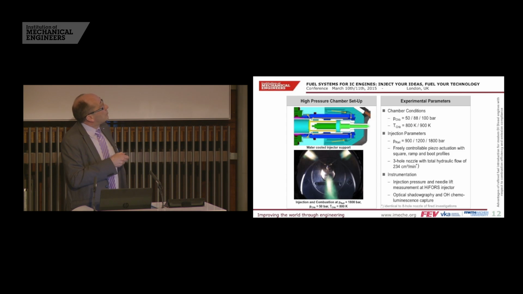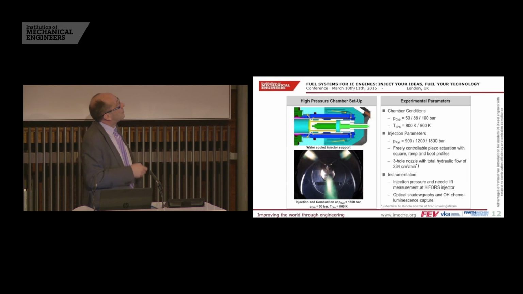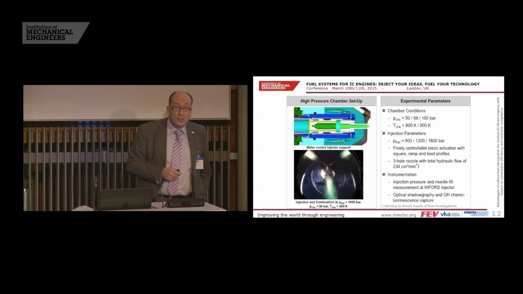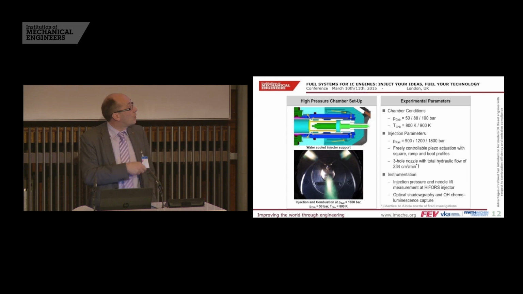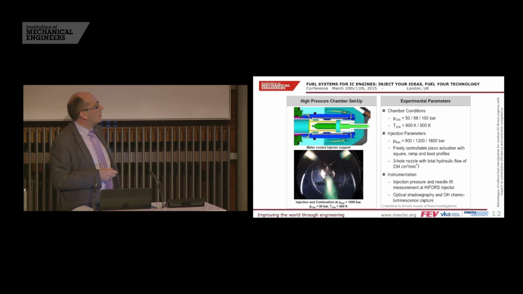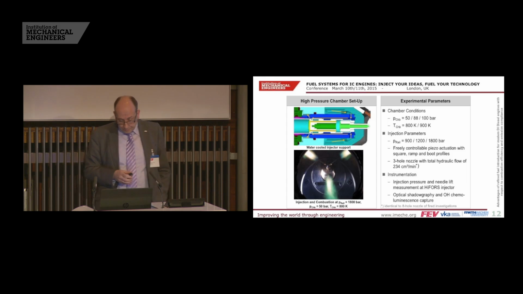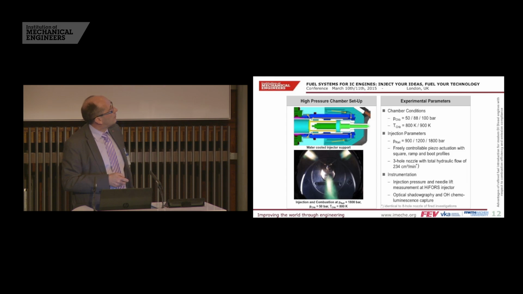So we have a water-cooled injector support at the assembly, and we initiated the first investigations by using only a 3-hole injector, which features the same hole characteristics and specification as the injector later used on the experimental engine for combustion development.